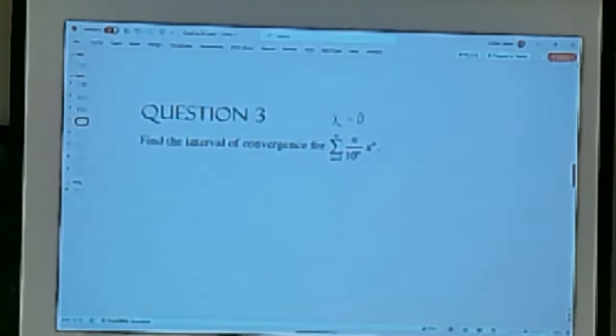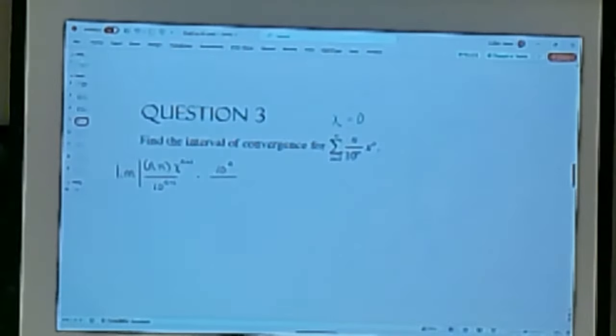What is our n plus 1 term? It would be n plus 1 times x to the n plus 1 over 10 to the n plus 1. Reciprocal of the nth term: 10 to the n over n times x to the n.